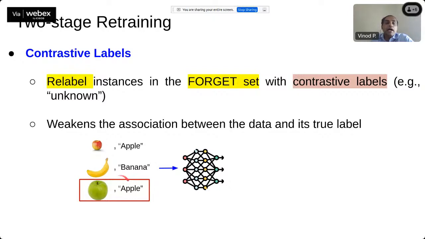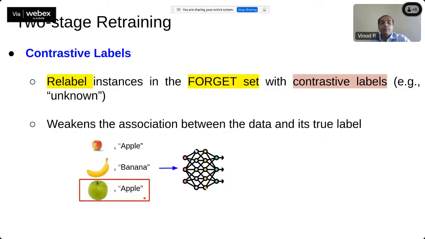There is a class called red apple, and let us say there is a class called green apple. If I want to forget the instances corresponding to the green apple, I will change the class label of the green apple from green apple to red apple.